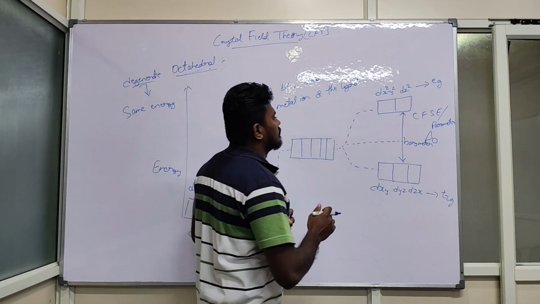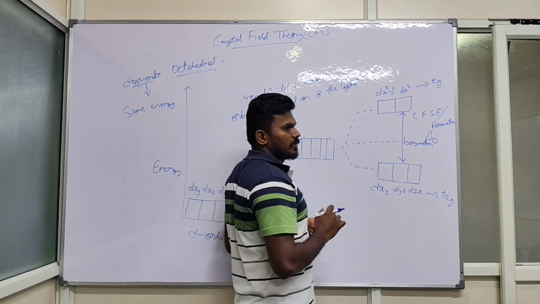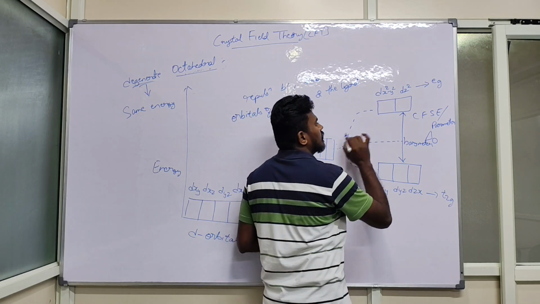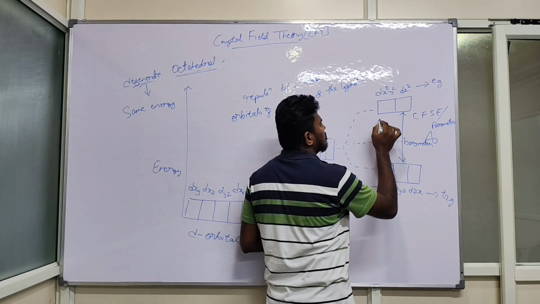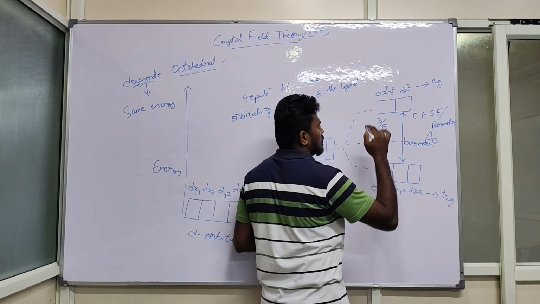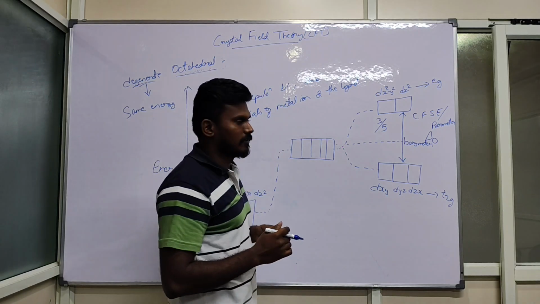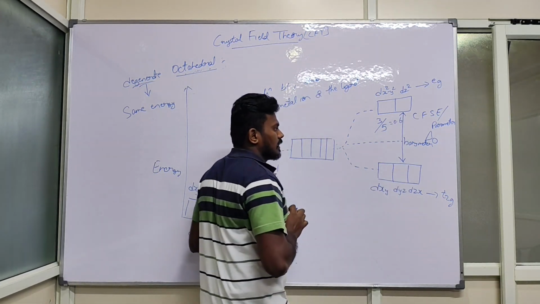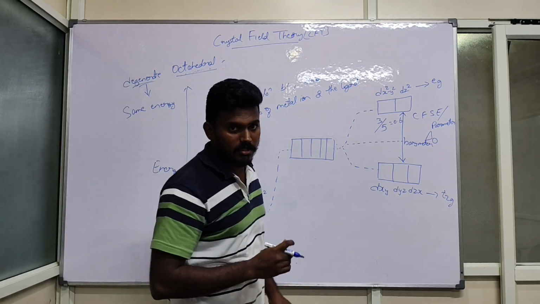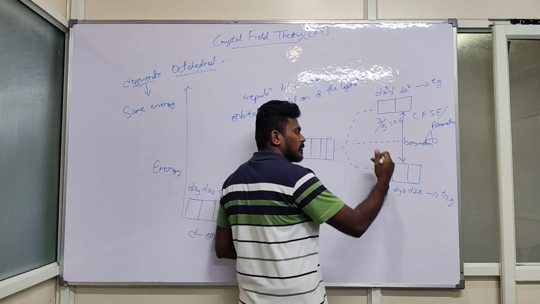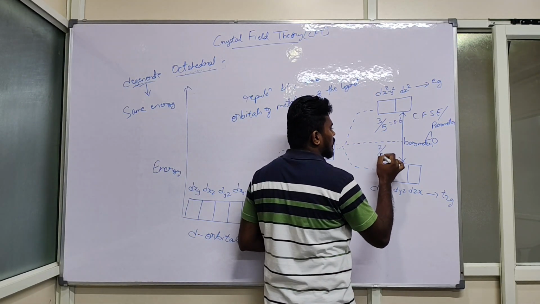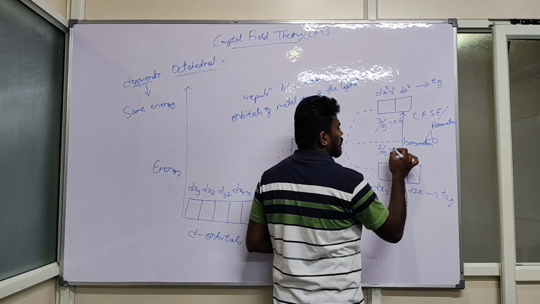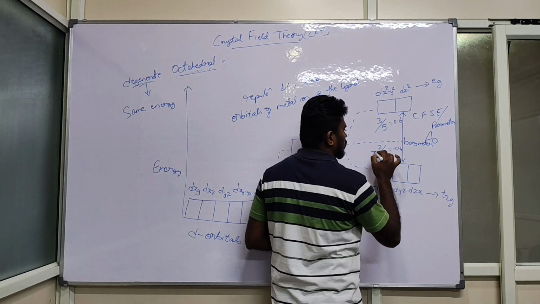And here the EG orbitals experience the higher energy and have an energy value of 3 by 5, which is equal to 0.6, whereas T2G, experiencing the lower repulsion and moving to the lower state, has 2 by 5 of the energy level, which is equal to minus 0.4.